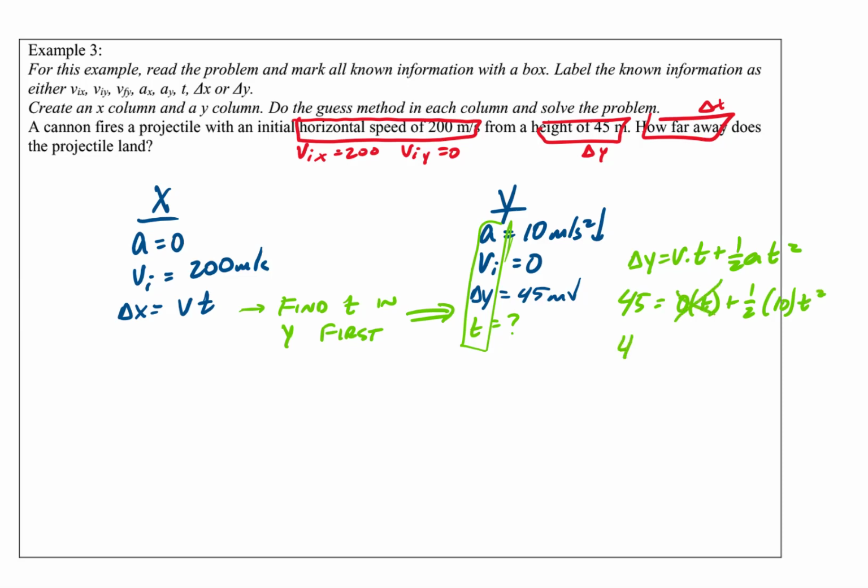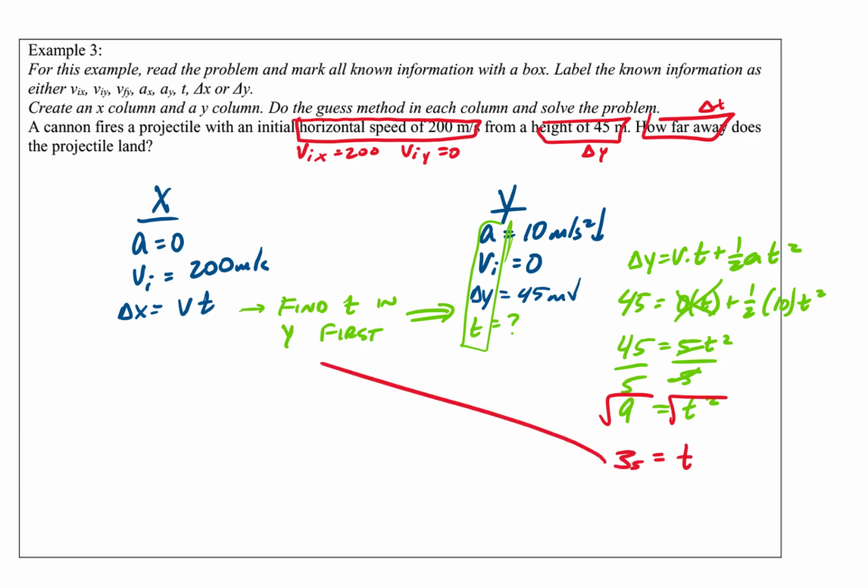So 45, when the 0 times t part goes away, is equal to 5t squared. Divide both sides by 5. And t squared is 9. Square root both sides. T is 3 seconds. I want to plug that in over here. And my delta x is 200 meters per second times 3 seconds, or 600 meters.